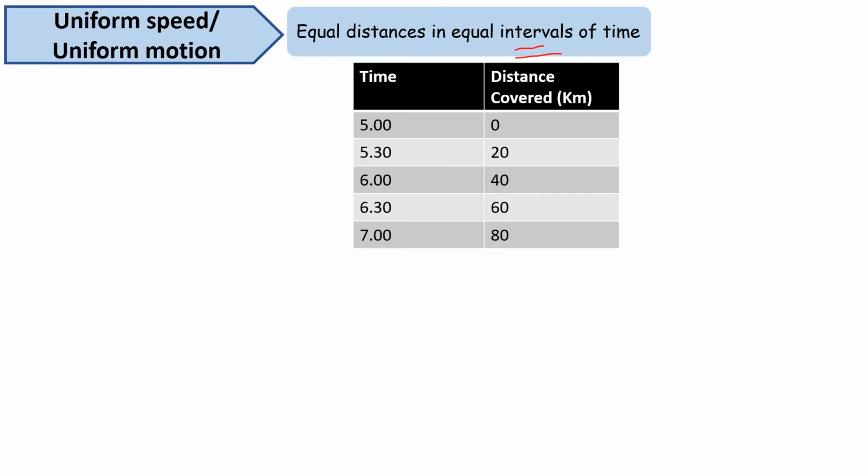So here you can see for every half hour, the distance covered is 20 kilometers. The object is traveling from here to here, say from point A to point B, but it is traveling the same distance in the same interval of time.